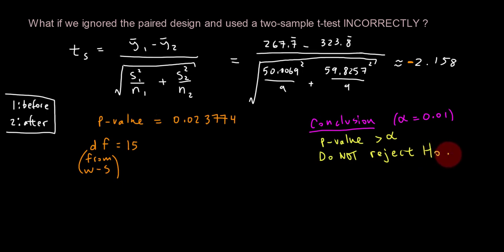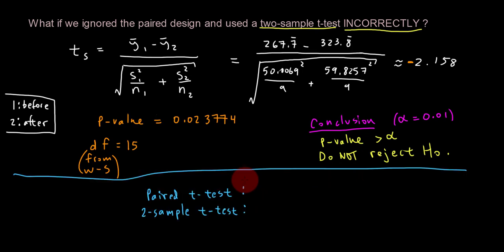But remember, what we're doing here is an incorrect application of the two-sample t-test. Let's consider now what happened with the paired test, which was the correct test to use. As we just said, the regular two-sample t-test failed to reject the null hypothesis.